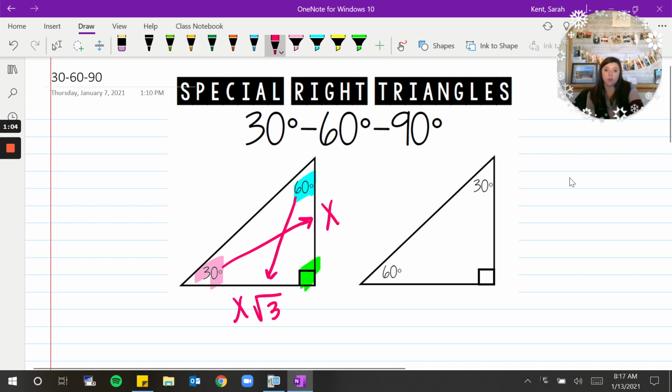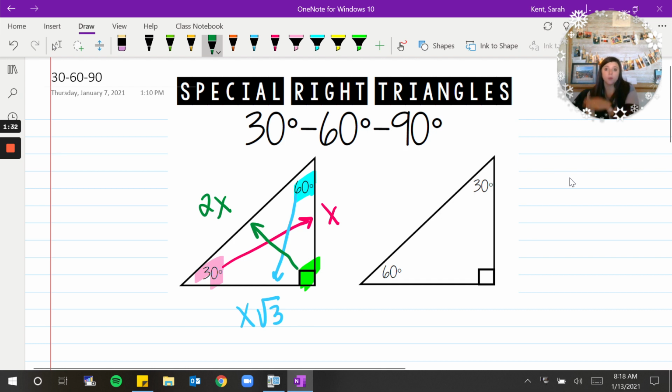So you can think of three different angles, square root 3. And then I'm going to change the color of that 60 so it matches. So across from 60 degrees is x square root 3. And then across from the 90 is 2x.